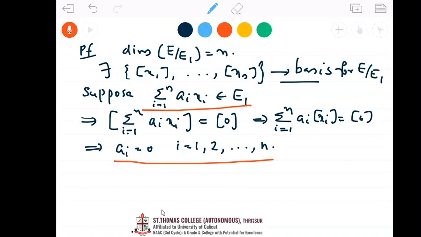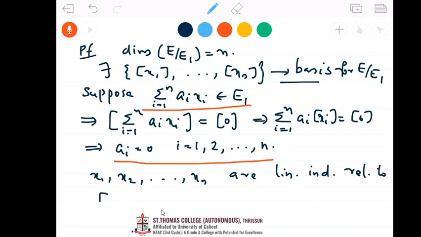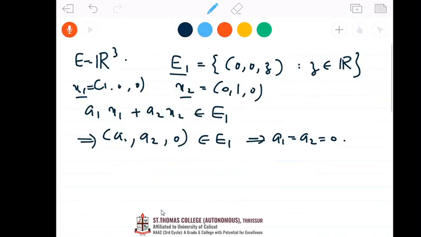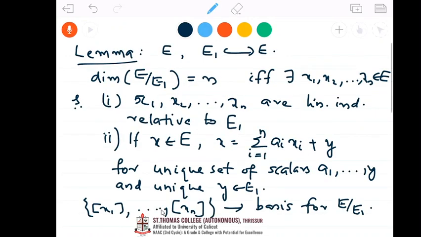This means that x1, x2, etc., xn are linearly independent relative to E1. So we proved this first property of x1, x2, etc., xn. Now we have to show that for each x in E, there is a unique expression as given.